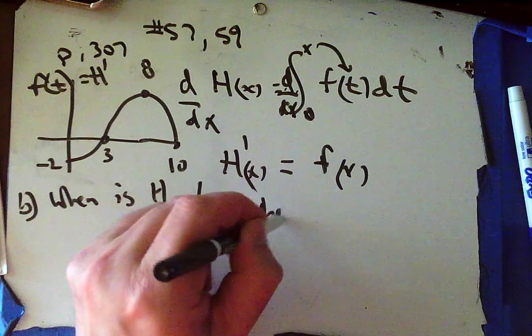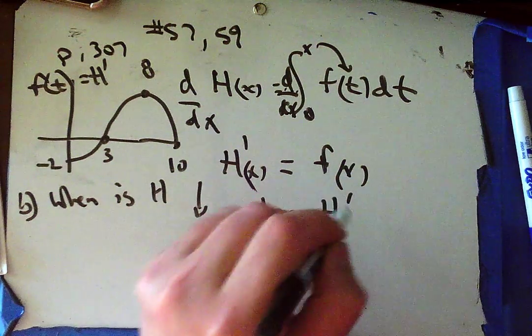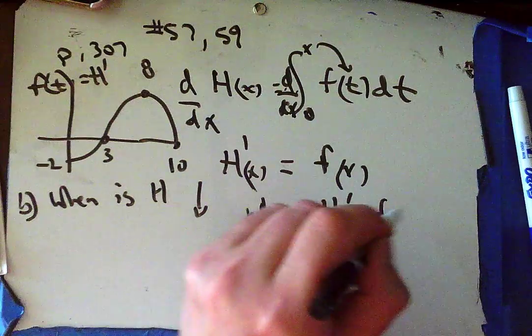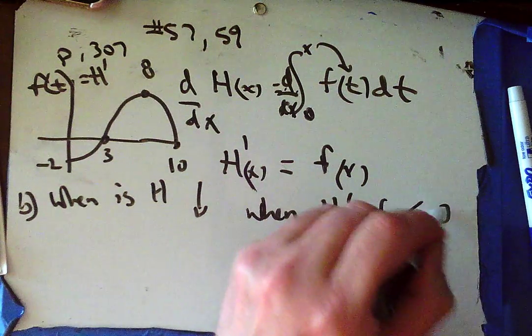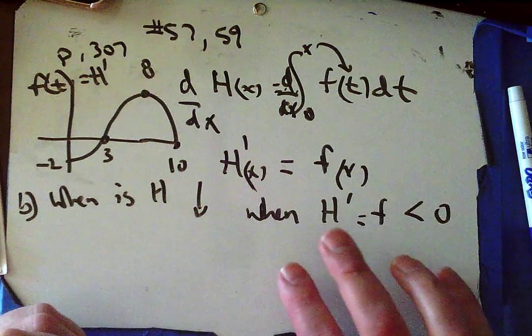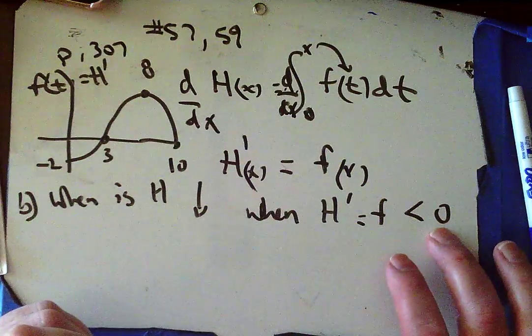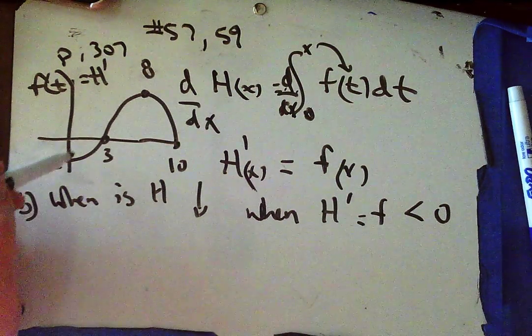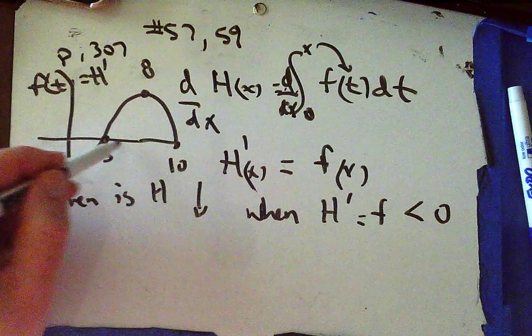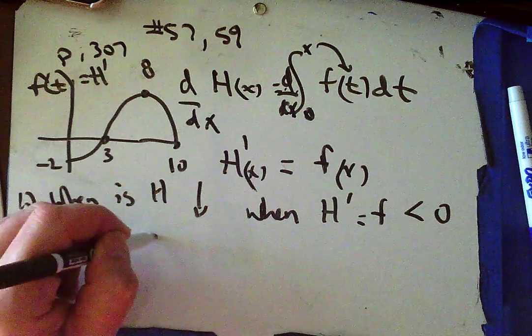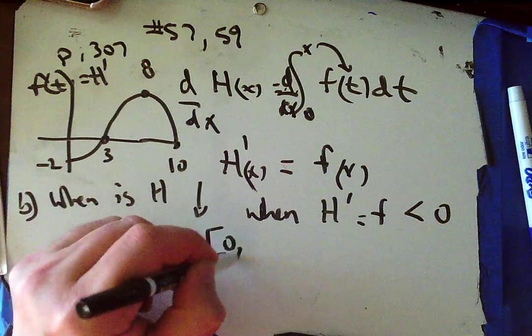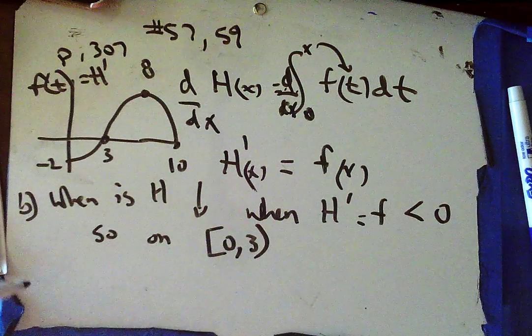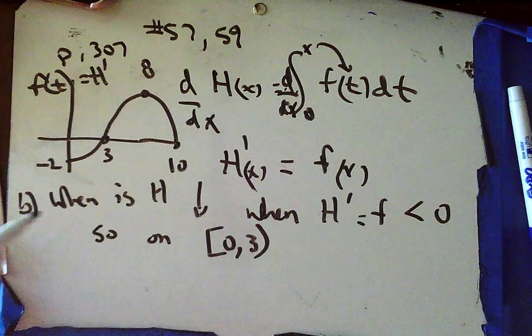Answer, when h prime, which in this case is equal to f, is less than 0. When our derivative is less than 0, we know the original function is decreasing. And I see that happening over here from 0 to 3. So on 0 to 3. That's part B.